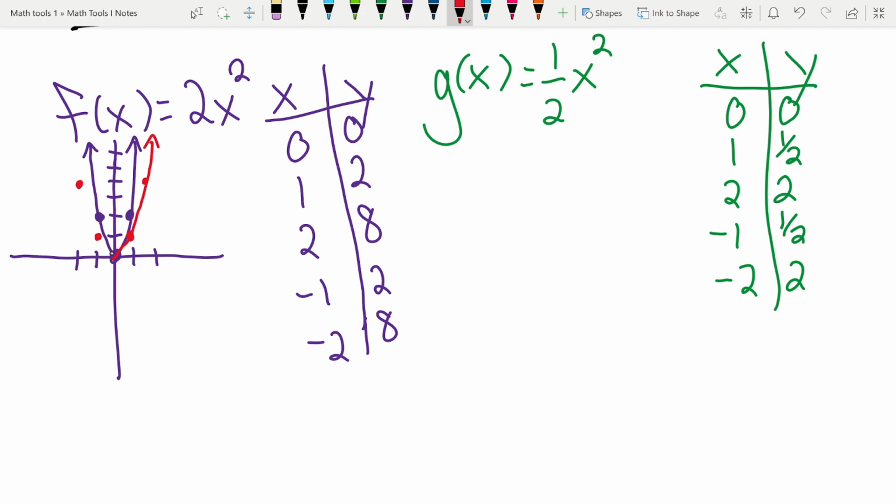So that graph looks more like this. So this one's being stretched upwards, right? It's like we're pulling that graph and then we're stretching it up. So it's getting larger faster. And then on the other side here, the 1/2 x squared.